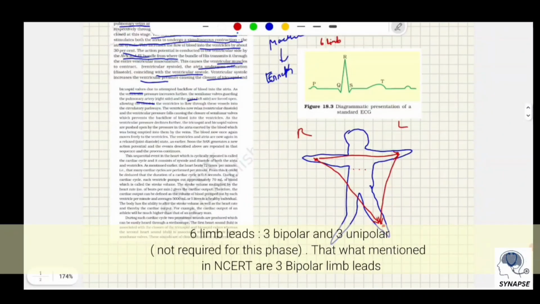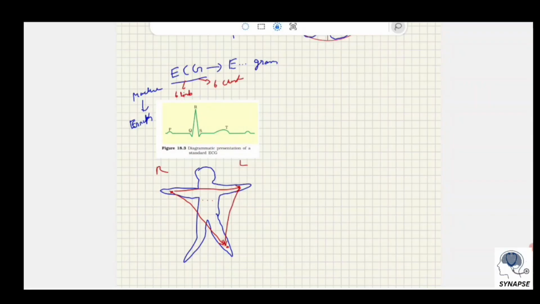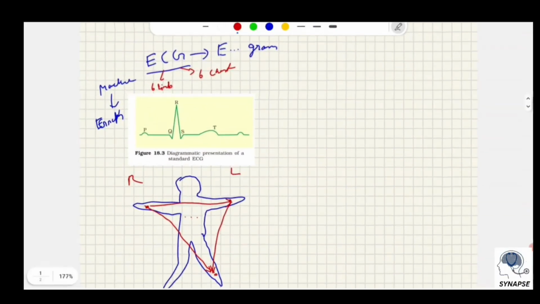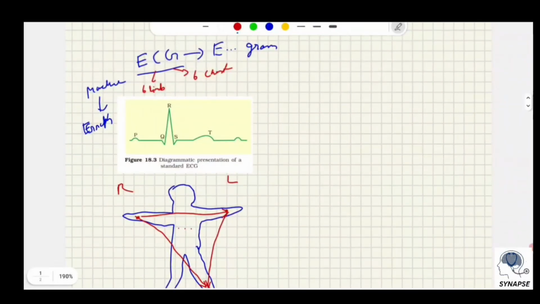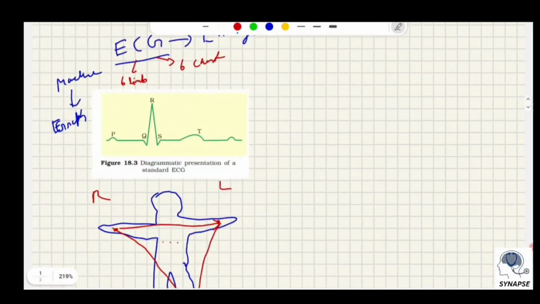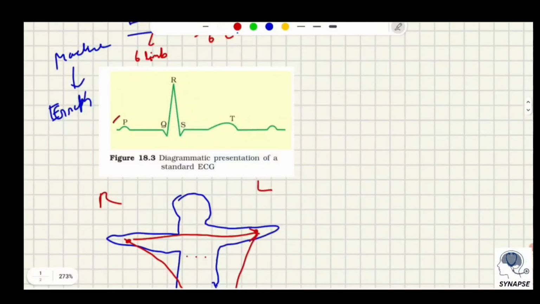Next, there are segments and complexes in an ECG. These are the parts of ECG. We have the P wave, the QRS complex, and the T wave, mainly positive and negative waves.